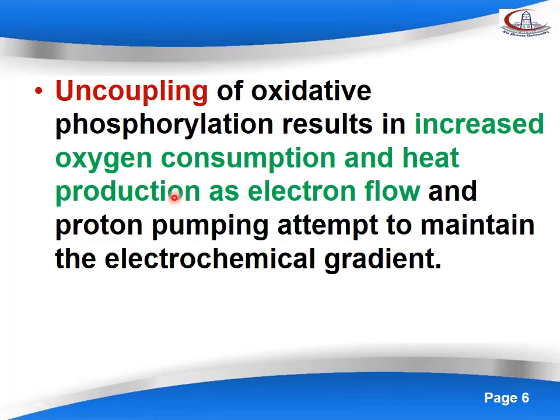So the energy is released as heat, not formed as ATP. Electron flow continues, and proton pumping attempts to maintain the electrochemical gradient. The protons are pumped, and then return back to the matrix by another route instead of the normal way they are supposed to enter.